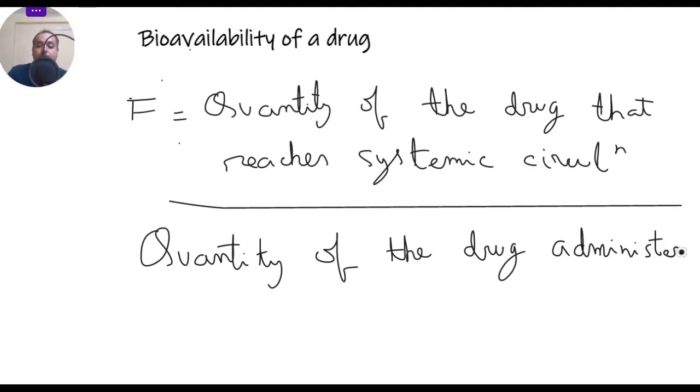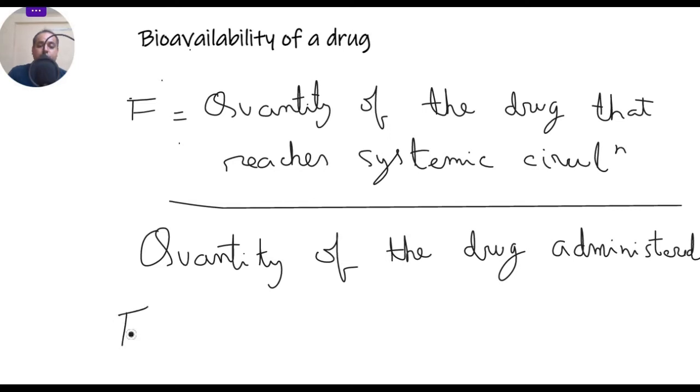So if we have to express bioavailability, let us suppose that F is going to denote bioavailability. It can be expressed as the quantity of the drug that reaches the systemic circulation upon the quantity of the drug that has been administered.